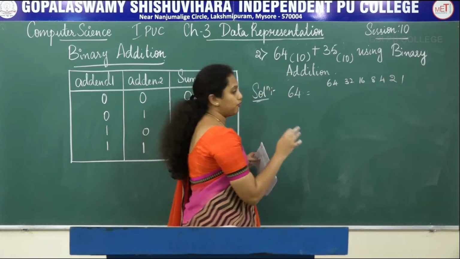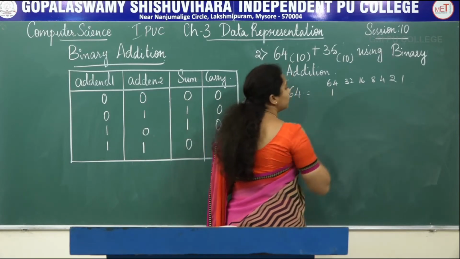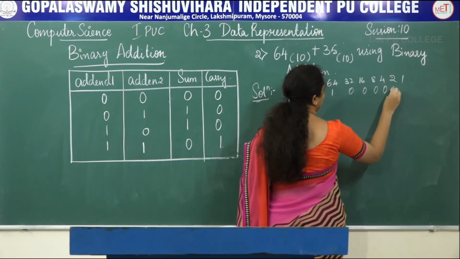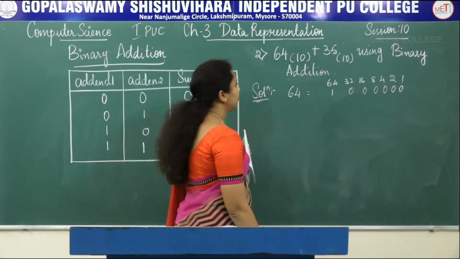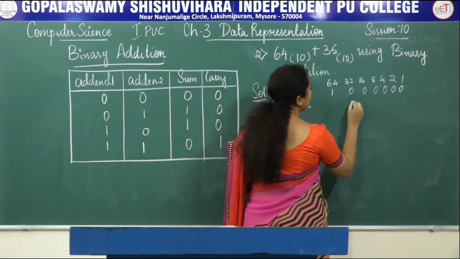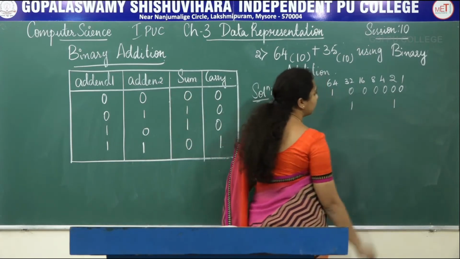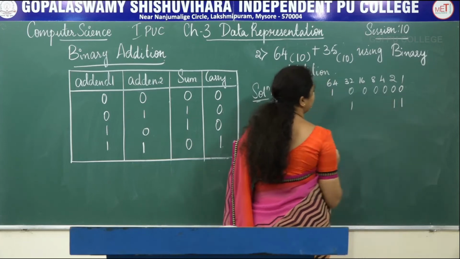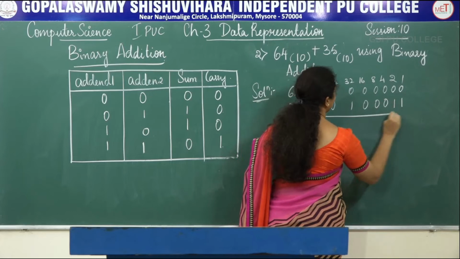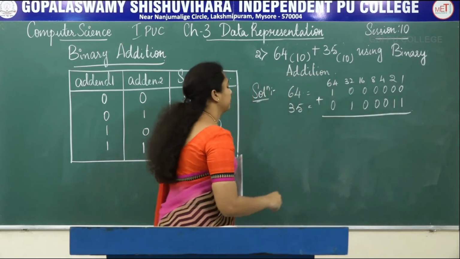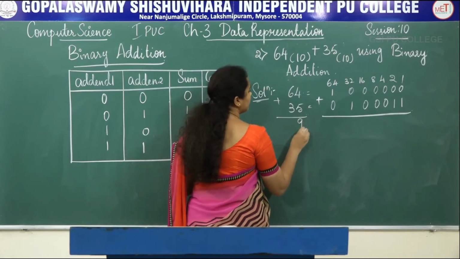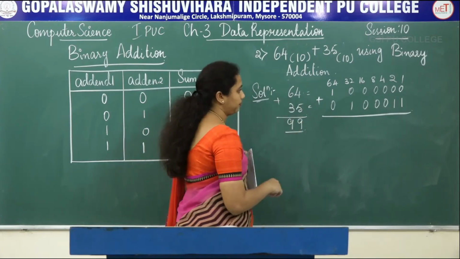So we need 64. So in the place of 64, you put 1. In rest of the places, we have to put zeros. What about 35? 32 plus 2 becomes 34 plus 1 becomes 35. In rest of the places, put zeros. So what is 64 plus 35, which is nothing but 99.